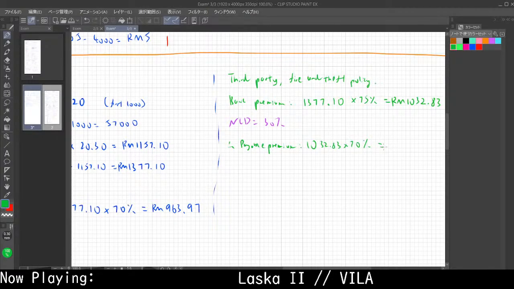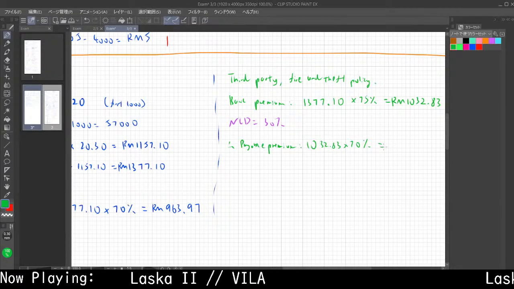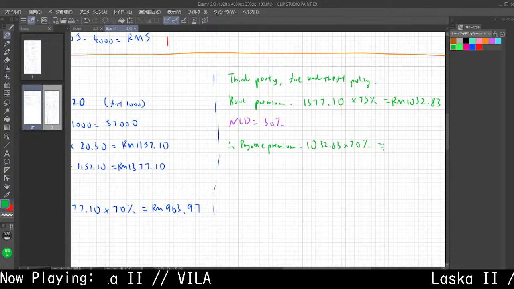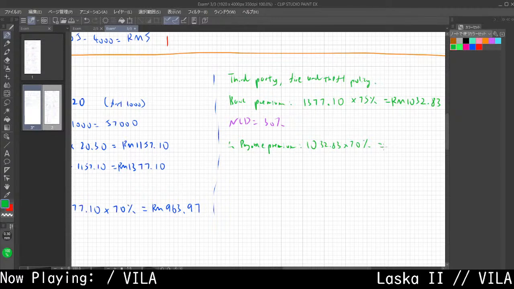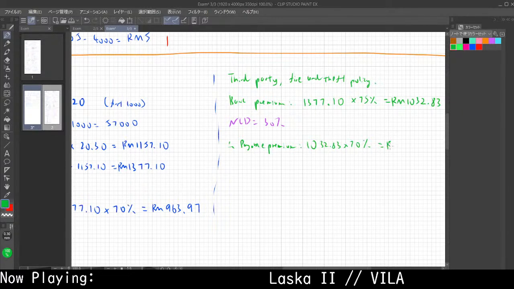So you will get 1032.83 multiplied by 70%, you will get 722.98.